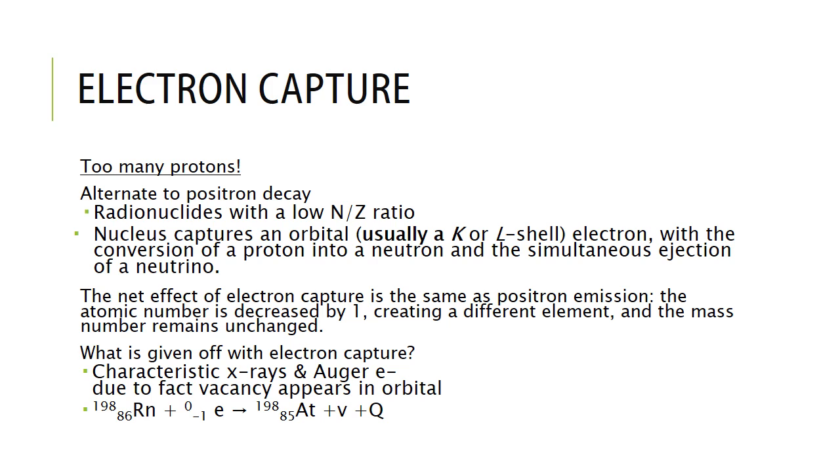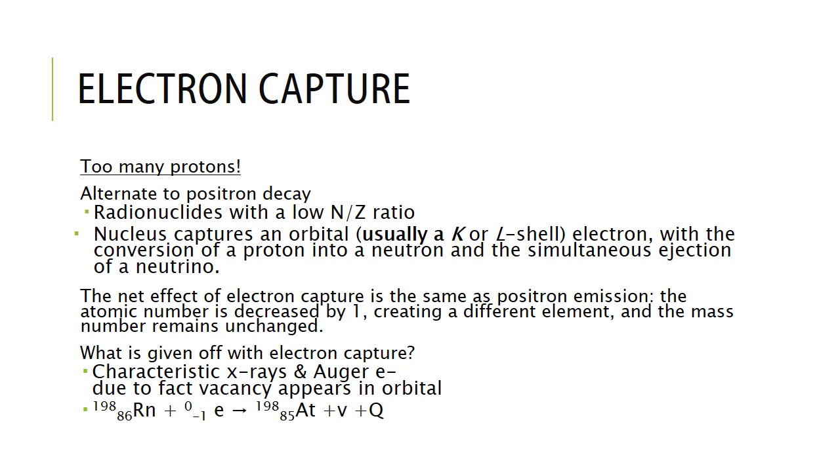So after an electron comes from an outer shell to fill the vacancy left in the inner shell, the atom is going to be unstable because of the excess energy brought into the inner shell. So instead of releasing the excess energy as a characteristic X-ray, the atom can also transfer the excess energy to another orbital electron and thereby eject it from the atom.